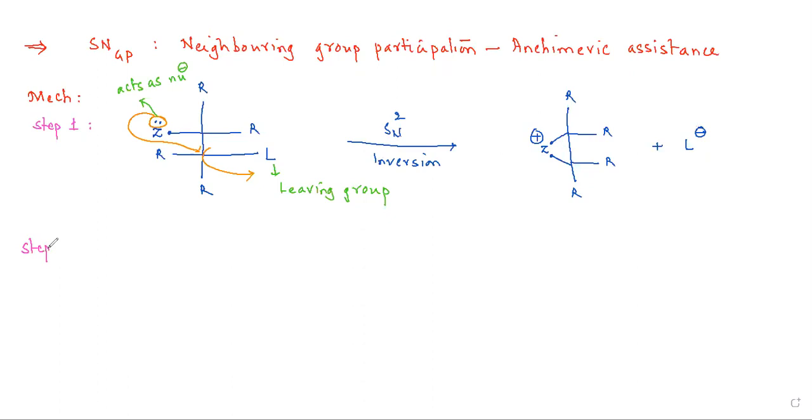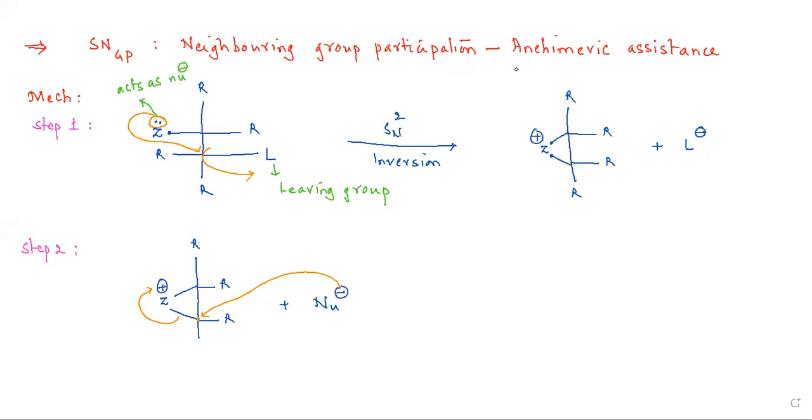Now the step 2. Let us again take this. Now the attack of the nucleophile. As and when it attacks the carbon which actually had the leaving group, then the bonded pair again goes back to the group that had the electron pair earlier.